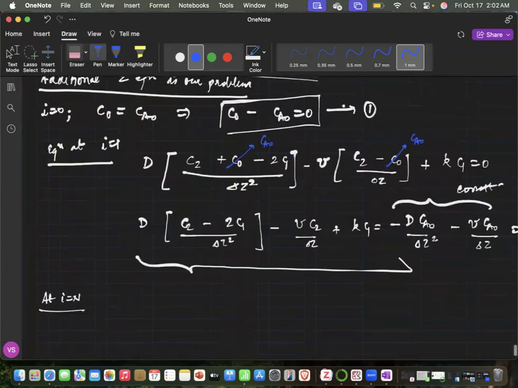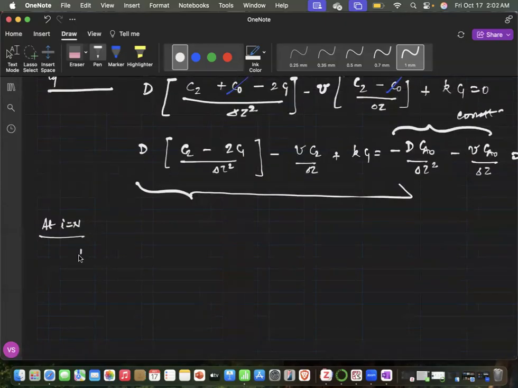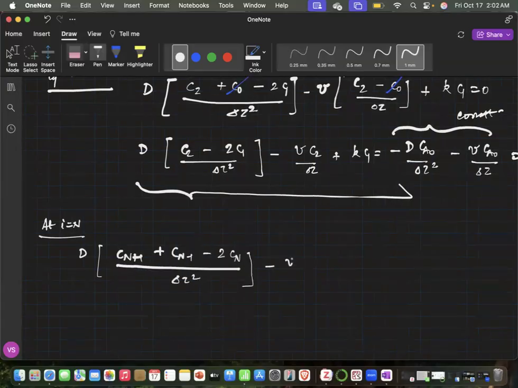So we'll have an additional equation at i equals n. So that would be d (C(n+1) plus C(n-1) minus 2Cn) over delta Z squared, minus V (C(n+1) minus C(n-1)) over delta Z, plus K Cn equals 0.